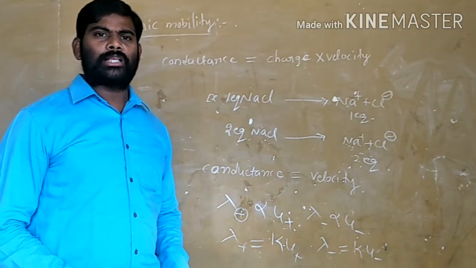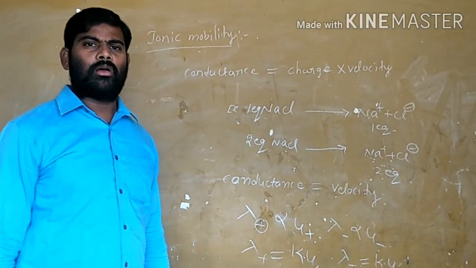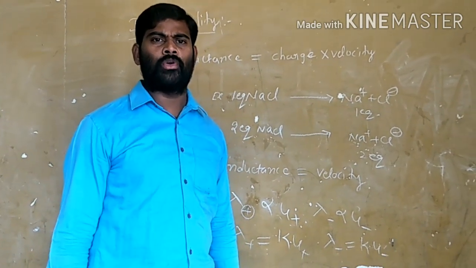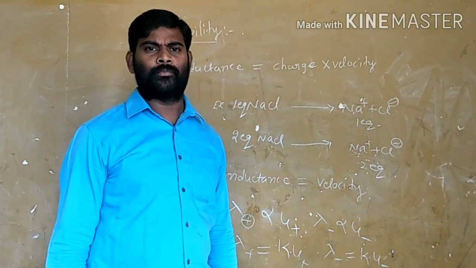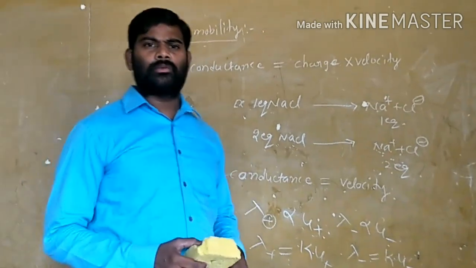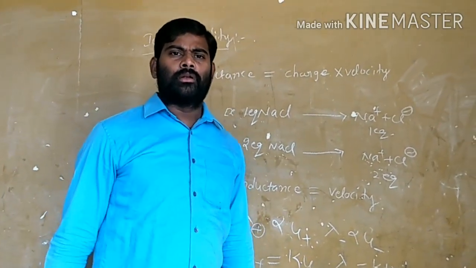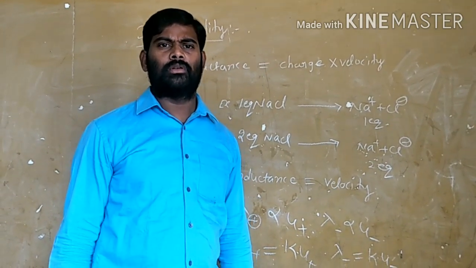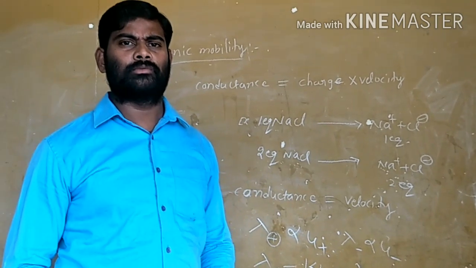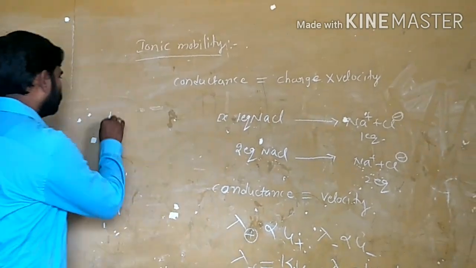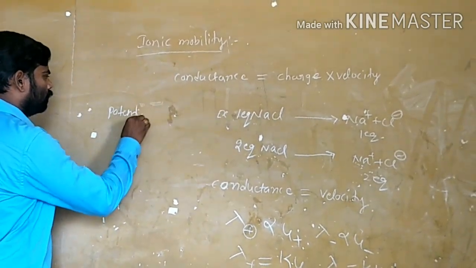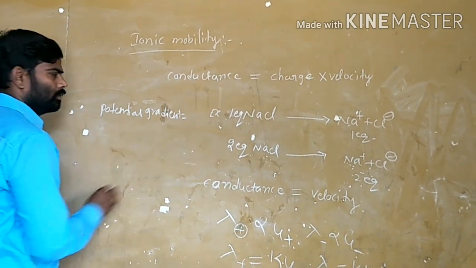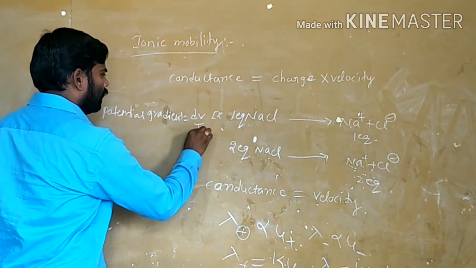Ionic mobility is defined as the speed of the ions at infinite dilution under a potential gradient of 1 volt per centimeter. This potential gradient is the rate of change of potential with distance, dV by dx.